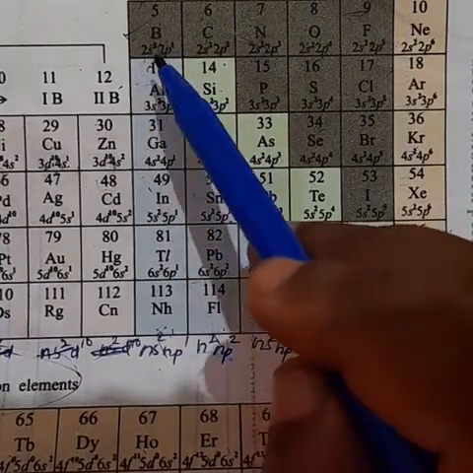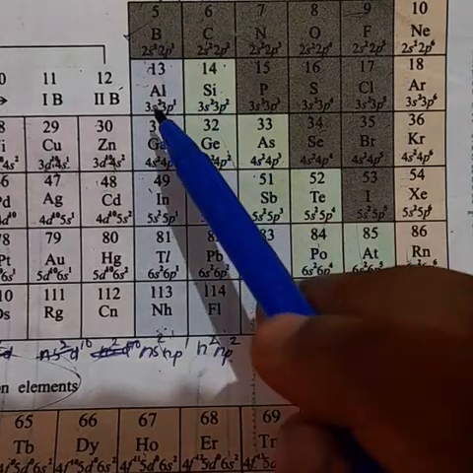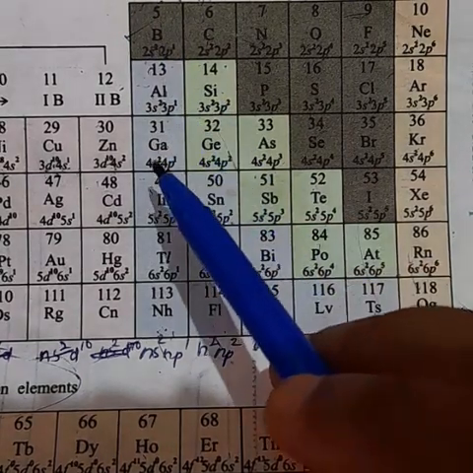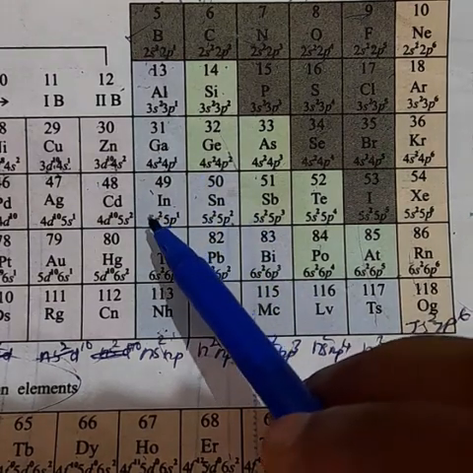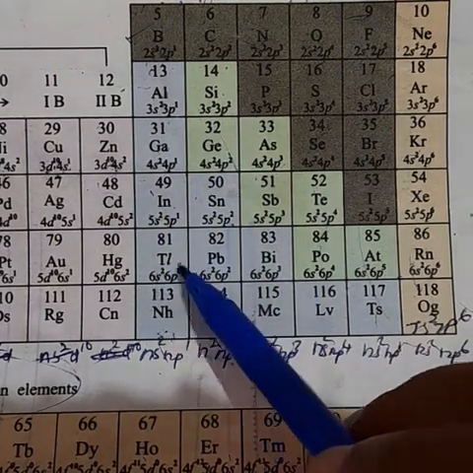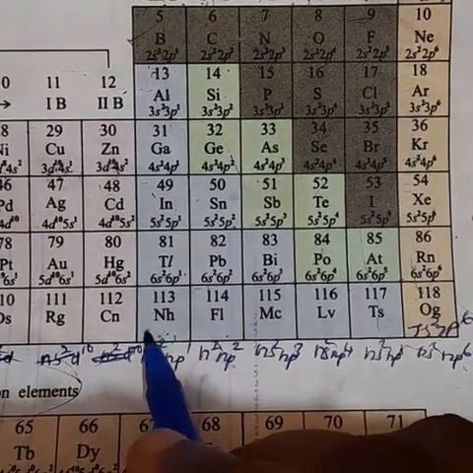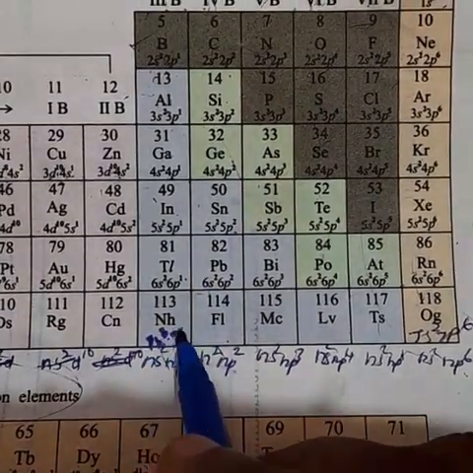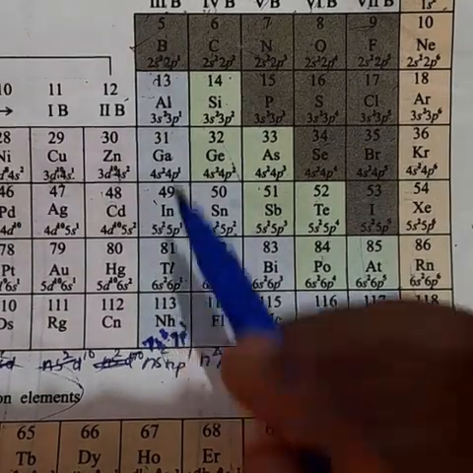Boron 2s2 2p1, aluminum 3s2 3p1, gallium 4s2 4p1, indium 5s2 5p1, thallium 6s2 6p1, nihonium 7s2 7p1. This is the characteristic of the group.